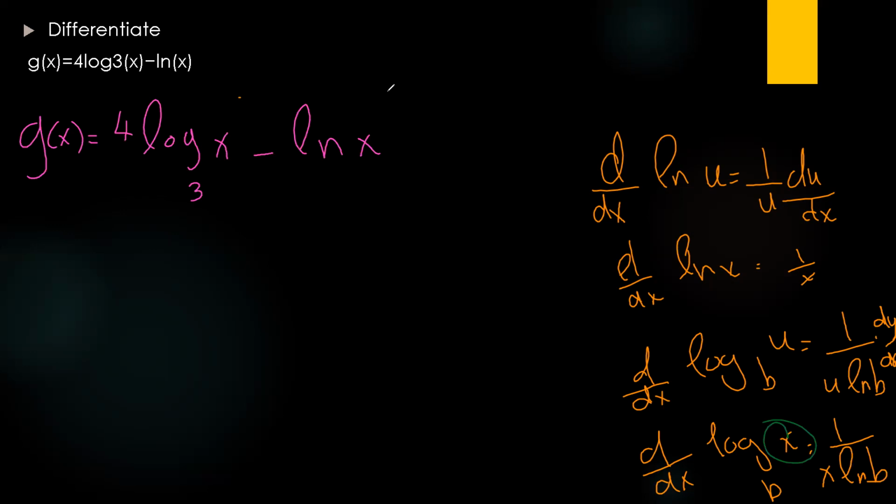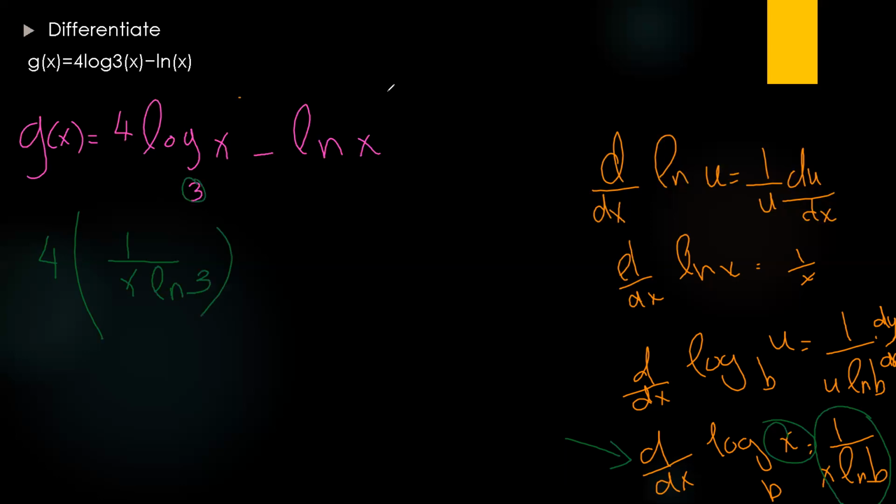Since we have x, it is not complicated, so I don't need to use the u assumption. Its derivative will be 4 times logarithm to the base 3 of x, replaced with 1 over x ln b. Where is b? Which is 3.